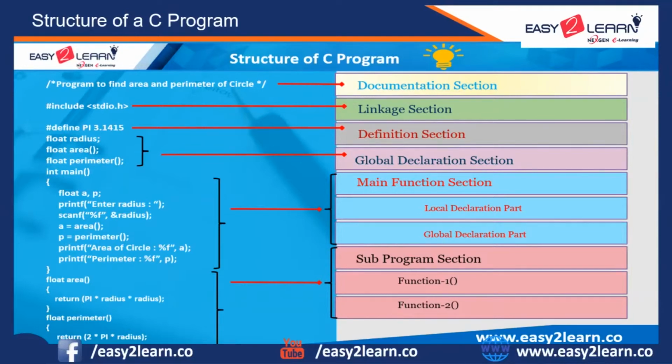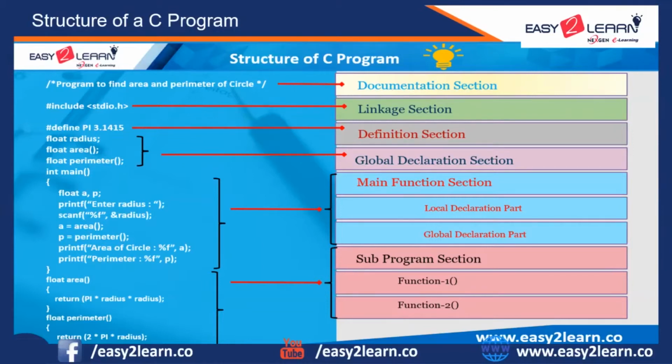Main function section. In the C programming language, we can create or call user-defined functions or predefined functions. But whatever you create, the starting point of your program starts to execute with the main method.